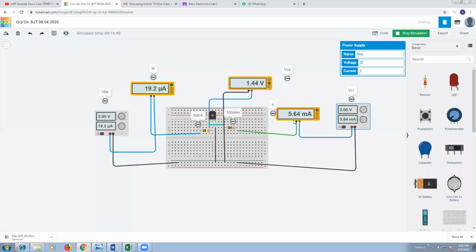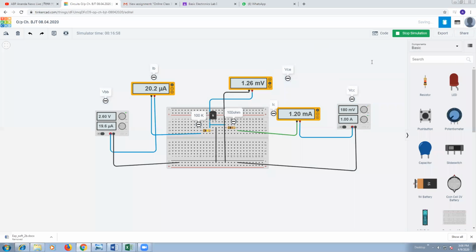Then we have to proceed to the next set. VBB should be 0, and first I keep VCC at 0, and we vary VBB so that IB is 30.